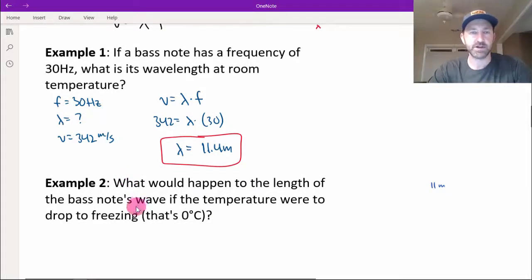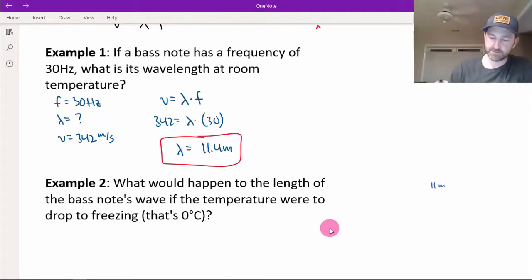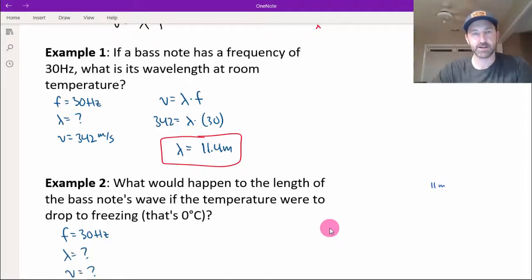In example 2, it says, what would happen to the length of the bass note's wave if the temperature were to drop to freezing? I have here that the wavelength would be shorter, but let's figure out what the answer would be. We still have the same frequency, and I'm still being asked what's the wavelength, but now the question is, what's the velocity?